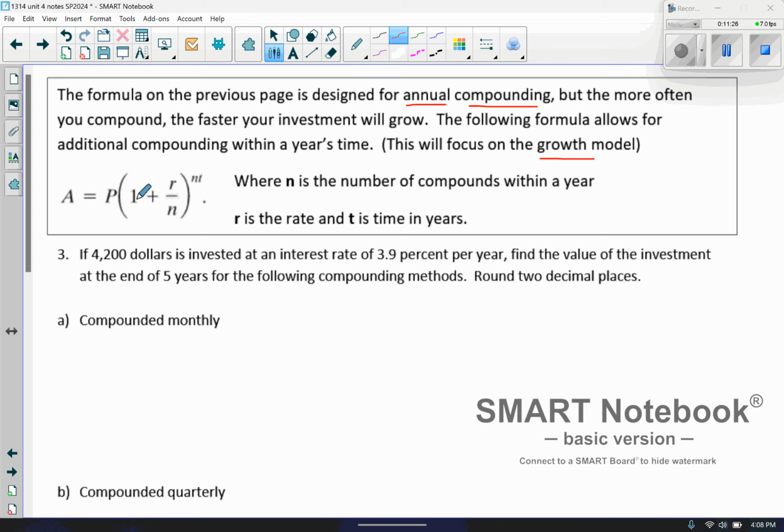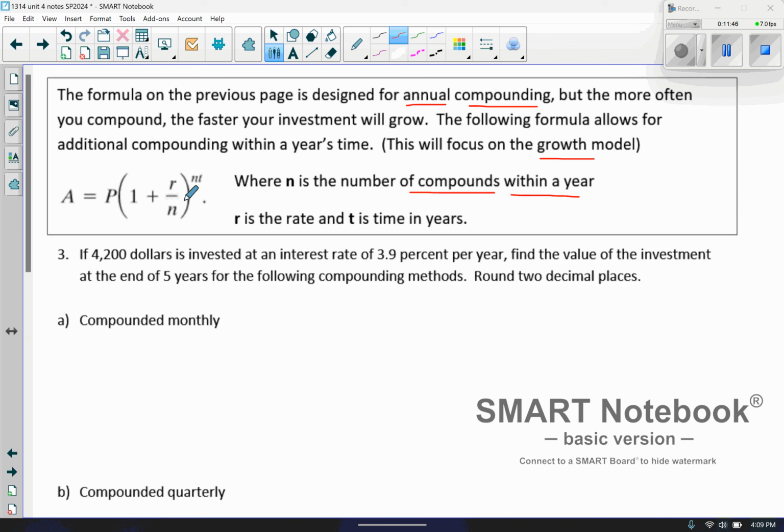So it's still P times 1 plus r, but then we're dividing by n, and then raised to the power of time, but time gets multiplied by n also. What is n? n is the number of compounds within a year. r is the rate, and t is still time.